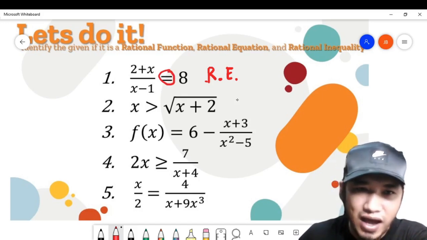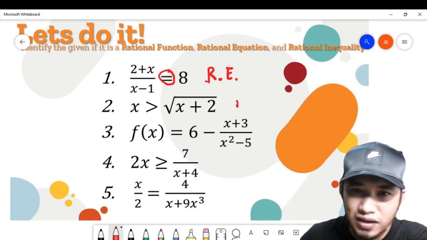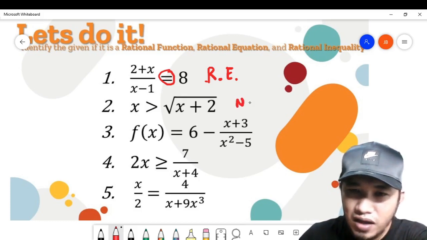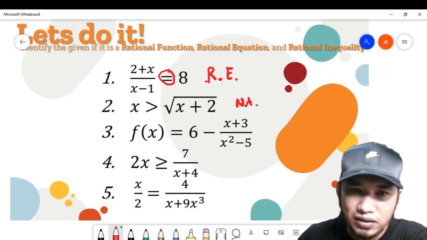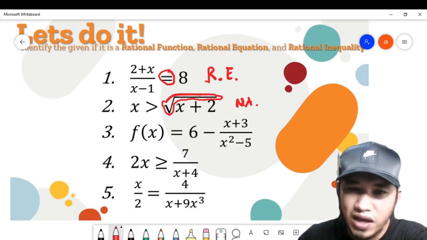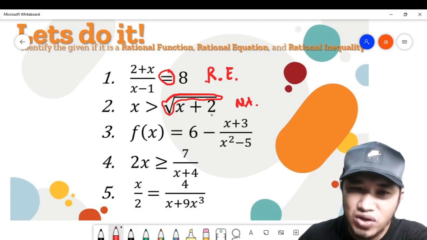Next, number 2: x is greater than square root of x plus 2. Okay, the answer is none of the above. Why? Because of the square root. That makes it not a rational inequality.